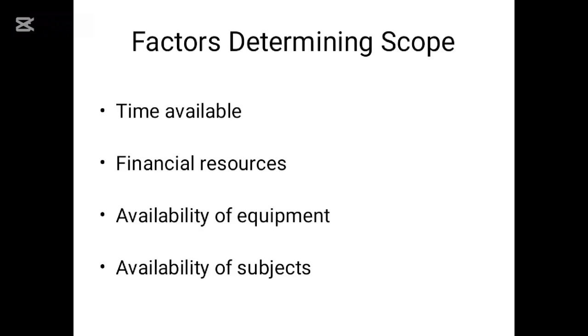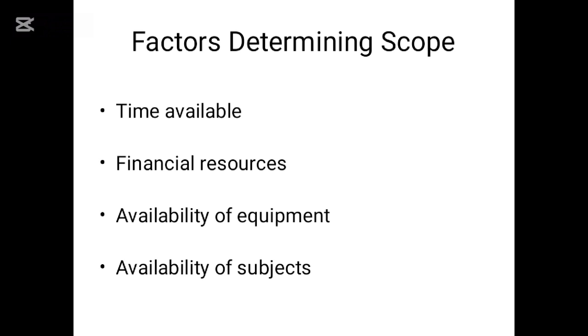Now, what are the factors that determine the scope of a research study? These factors are the time available to carry out the study. And of course, financial challenges are always there to carry out the study.